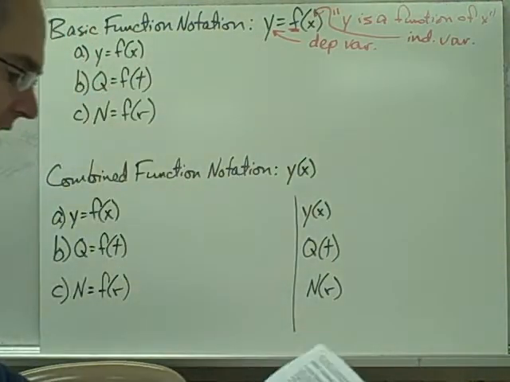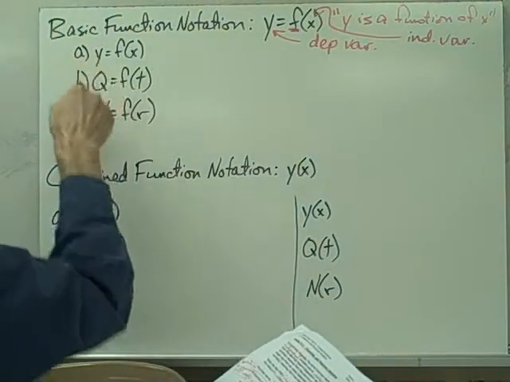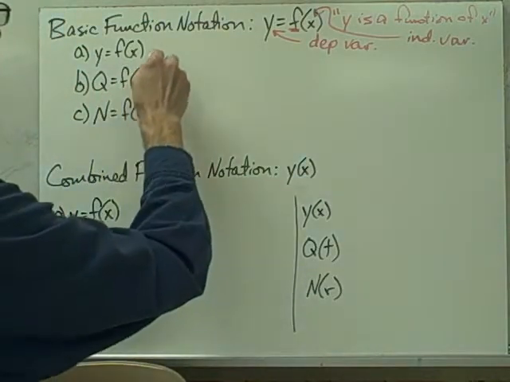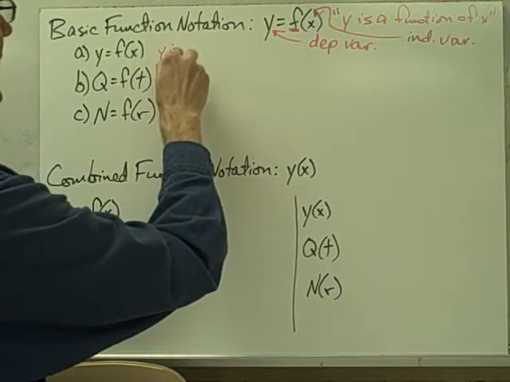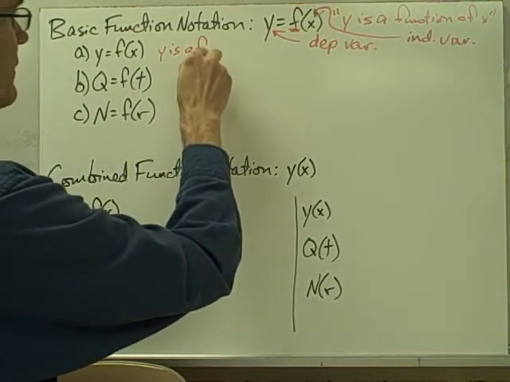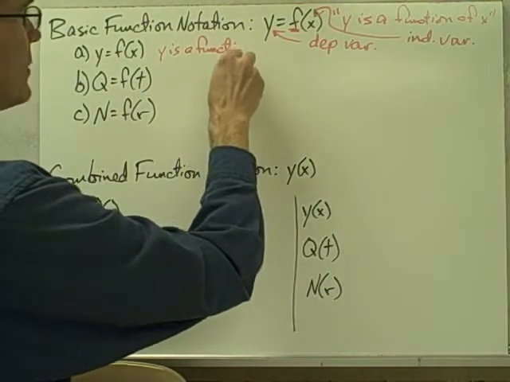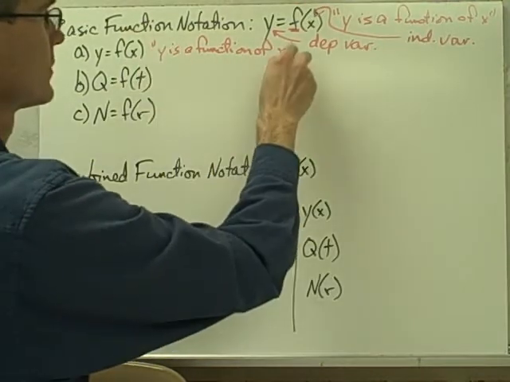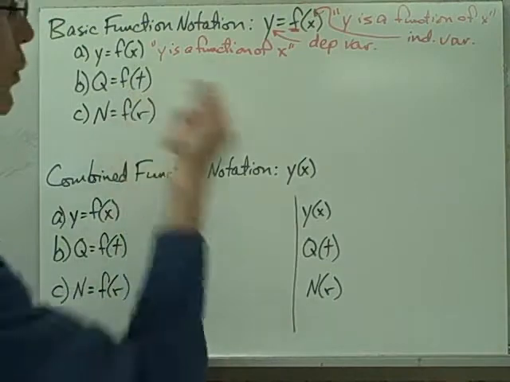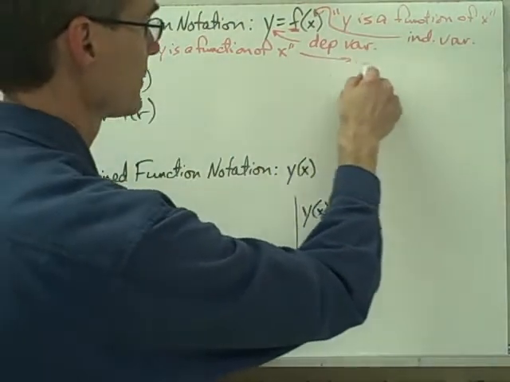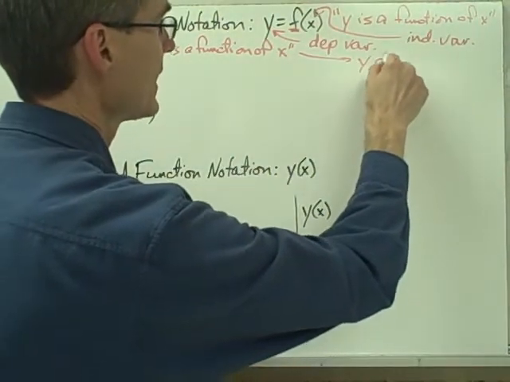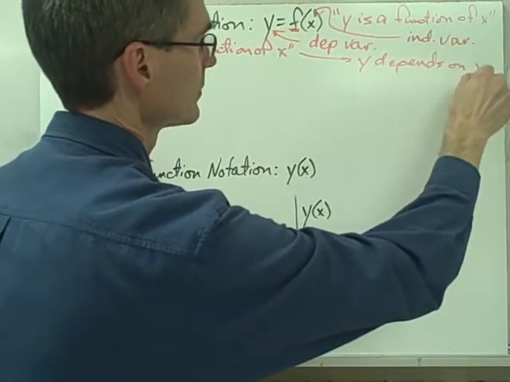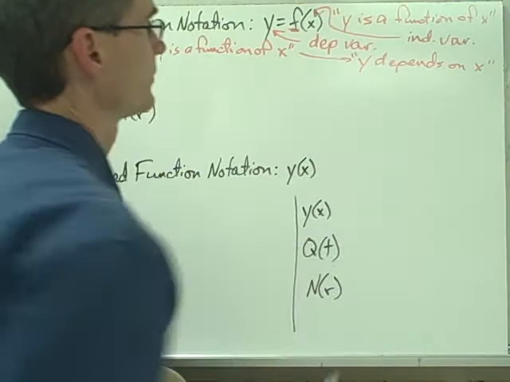So anytime I see one of these examples, y equals f of x, this means y, in this case, is a function of x, which, as we just discussed, also means y depends on x.